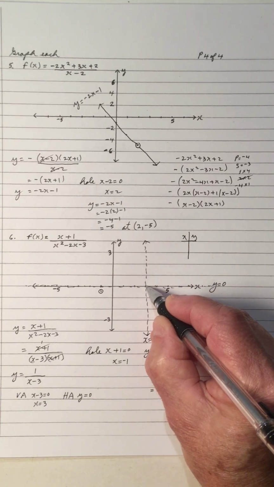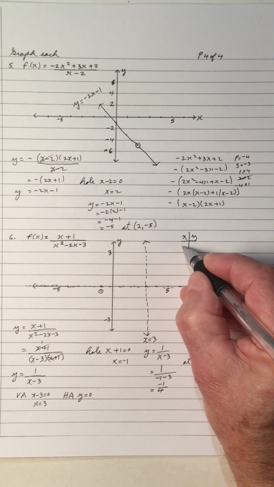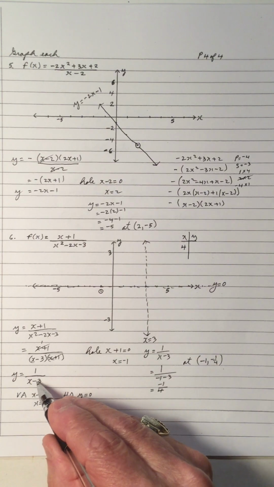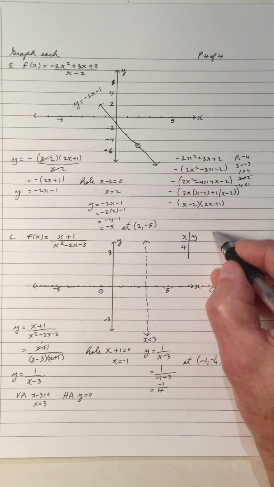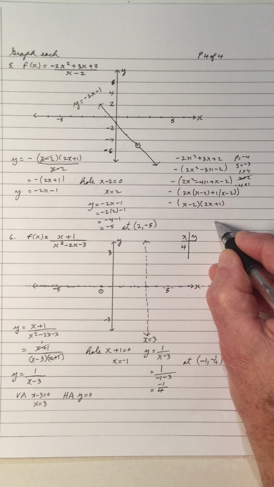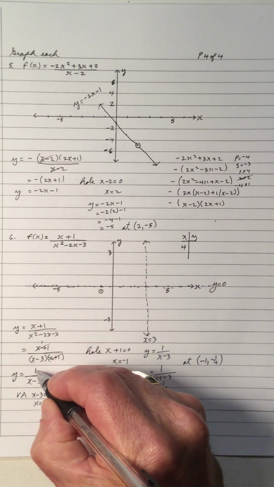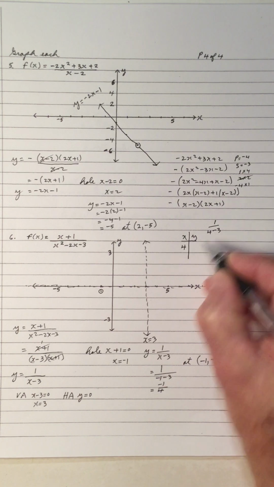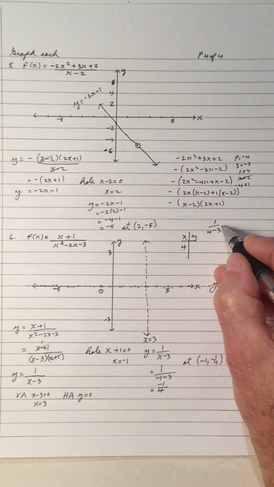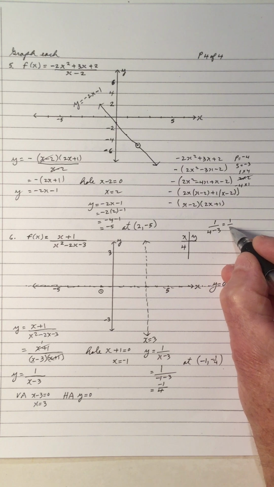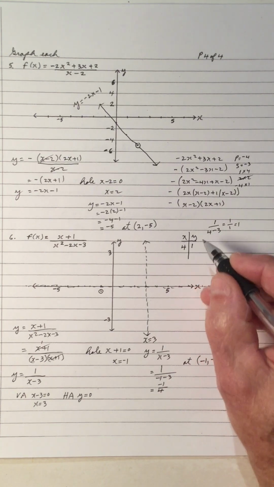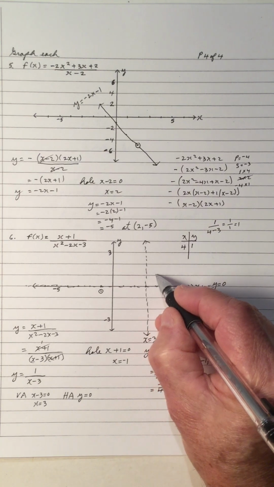We've got a vertical asymptote at 3, so let's look at 4. Plug 4 into this equation: 1 over 4 minus 3, so that means you're going to get 1 over 1. So when x is 4, y is 1.